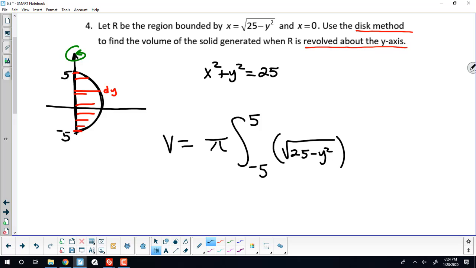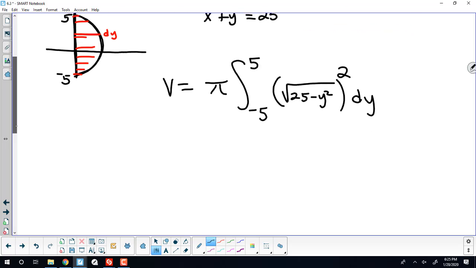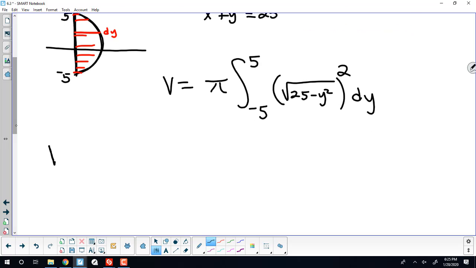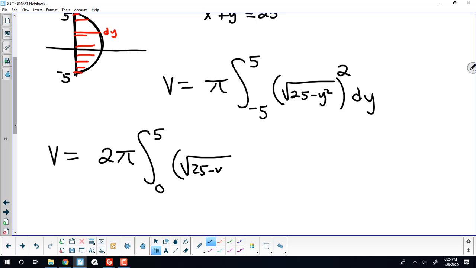So there's our radius, right minus left, r squared dy, which actually makes that a lot easier for us. Or if you wanted to do that the other way, you could say this is equivalent to 2 pi times the integral from 0 to 5 of r squared. So either one of those is correct.